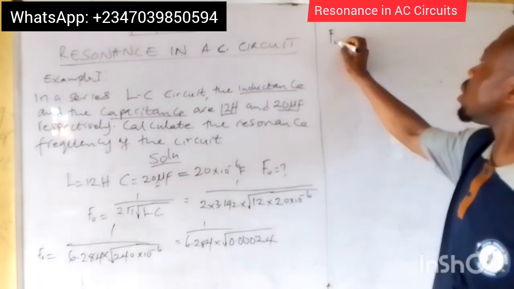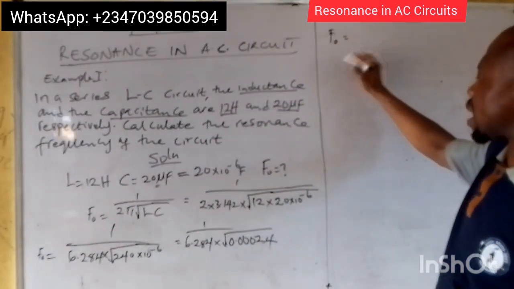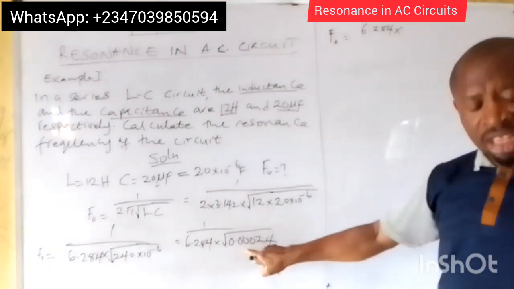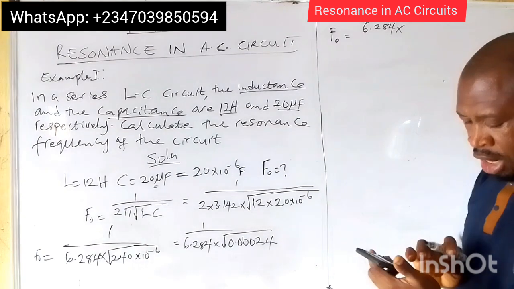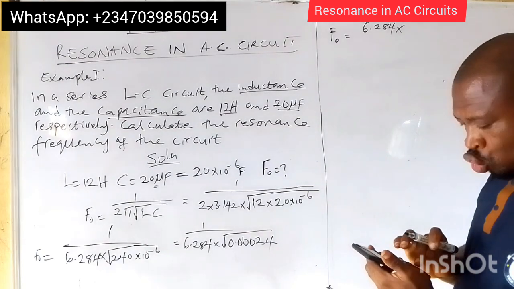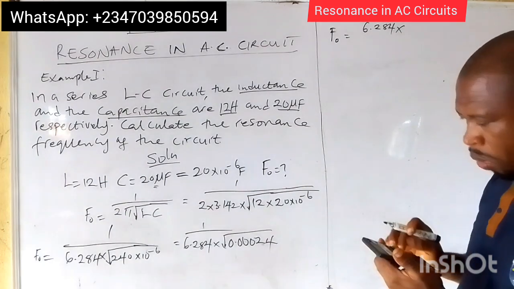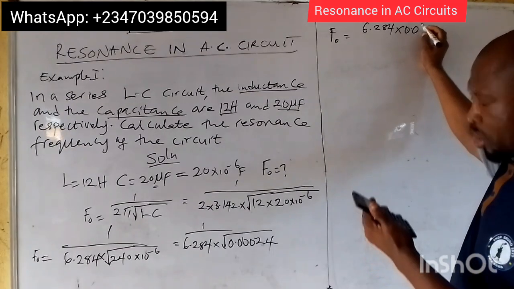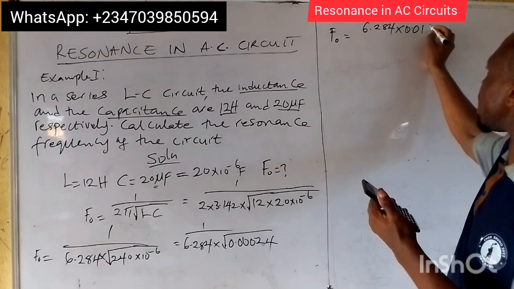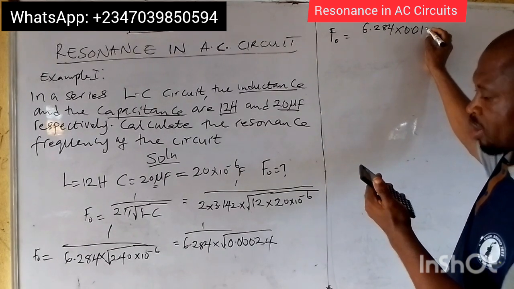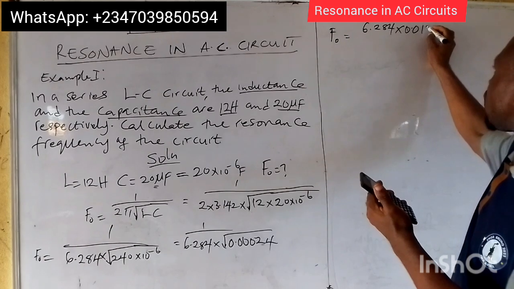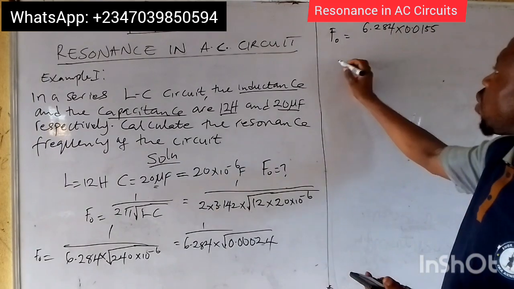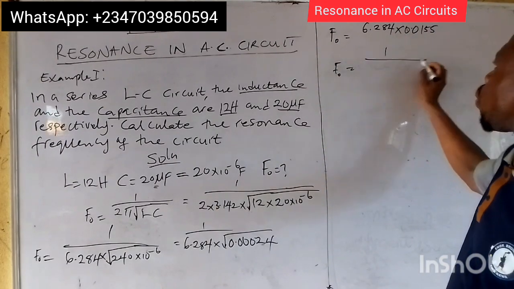F naught is equal to 1 over 6.284 multiplied by, now you take the square root of this value here, 0.00024, which will give us 0.0155. Now, before the inverse, we have F naught is 1 over.